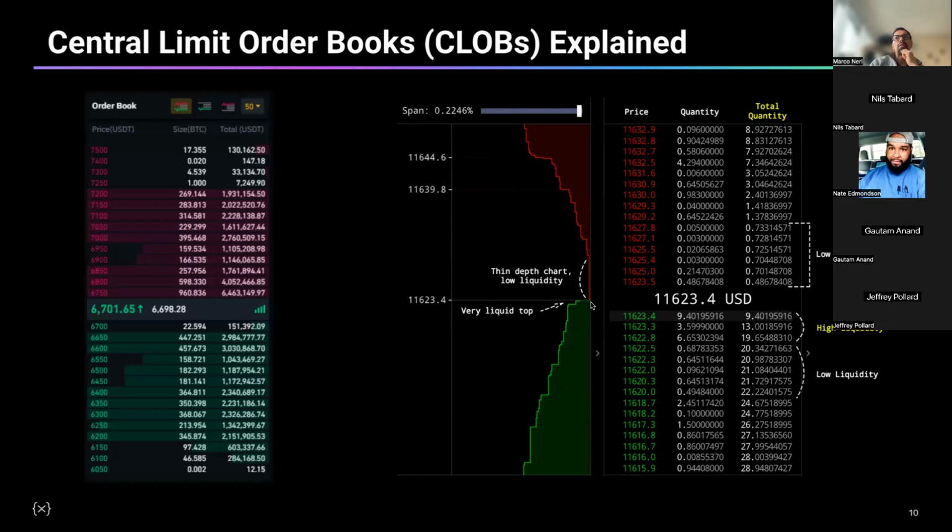This is the most liquid way of exchanging, because it's very efficient, and also it's easy to build bots that post those orders. So it's a mechanism that can easily be automated.